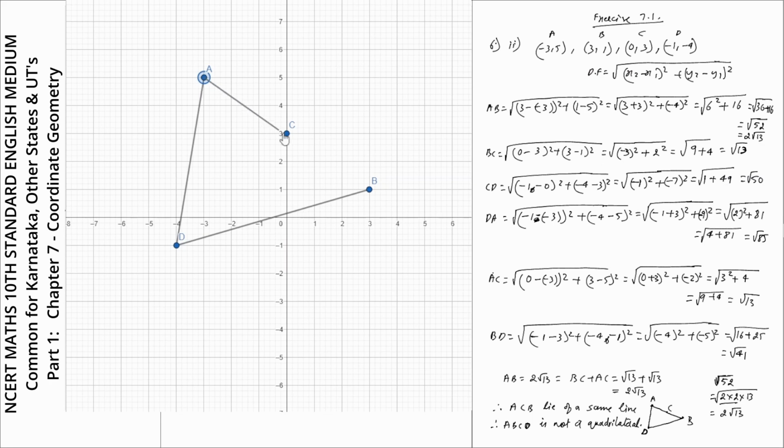And point C, it is actually lying on line AB. That's why the length of AB is equal to AC plus CB. Therefore the given coordinates are not the points of a quadrilateral. So this, just for your understanding, I am showing this graph, and that ends this problem.